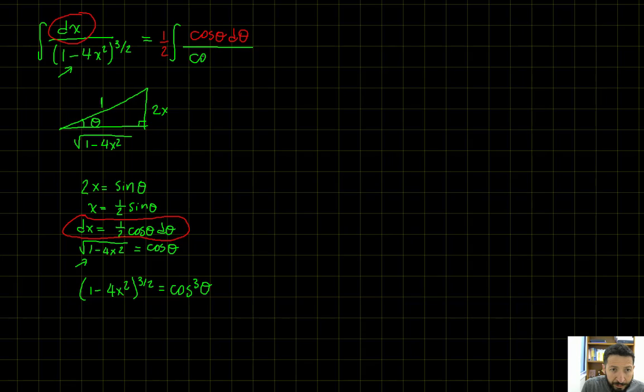So I get cosine cubed, and I'm good to go, because then I can just operate this and go from there. Now, how would you do it if you don't want to do this little bit of trigonometry? Then you have to go ahead and substitute in the value that we got for x here and plug it in. And then you have to do all the identities and all that. I find this really messy, in my opinion, but some people like it, so that's why I'm showing you that you can do it that way.